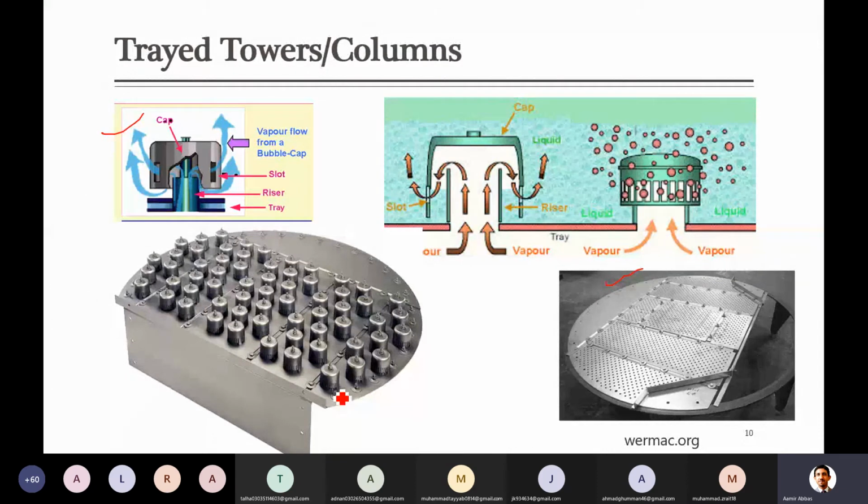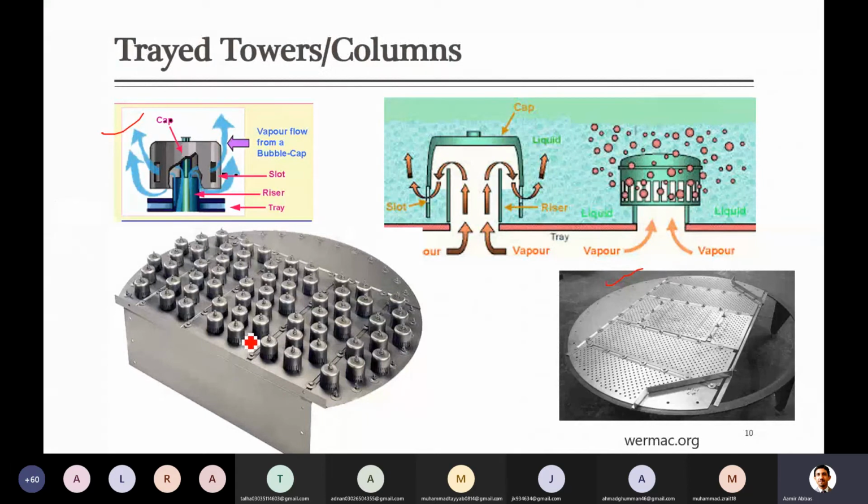When vapor reaches this, it escapes from there. And by the way, they have holes at the bottom side. For example, in these you can very clearly see, because there will be the liquid staying here on the surface, so that when the vapors are leaving from the bottom, the contact between the vapor and the liquid will be better.